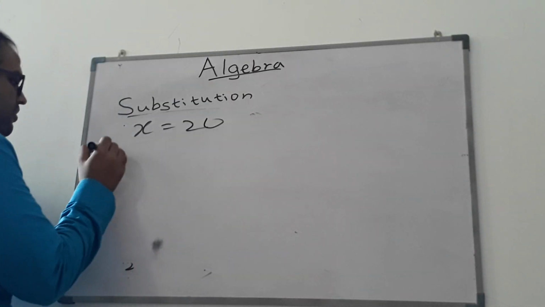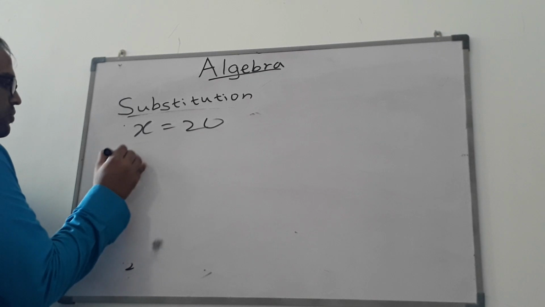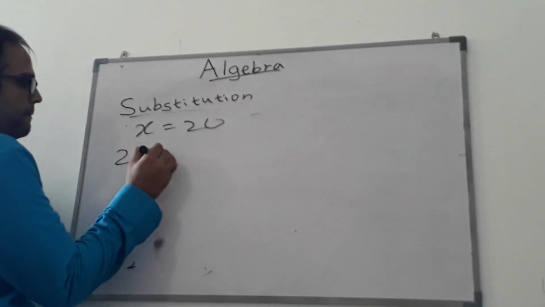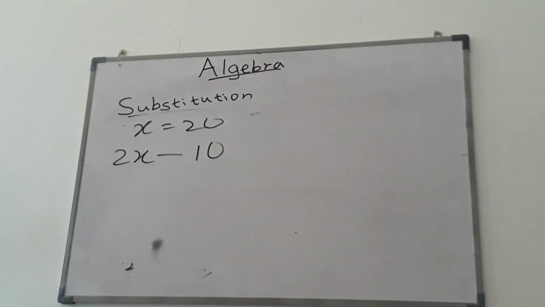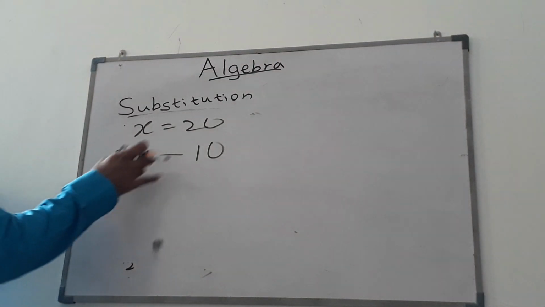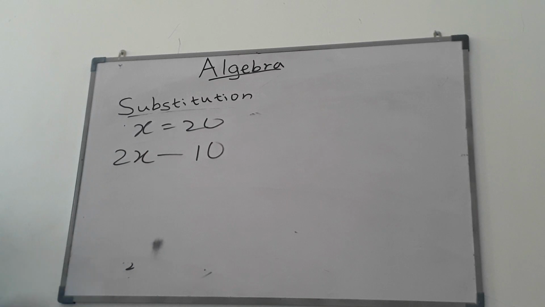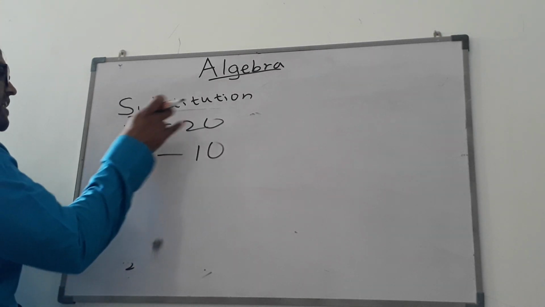x is 20 and we want to find 2x minus 10. Before subtracting, we have to find what is 2x. So we have to substitute x to 20.